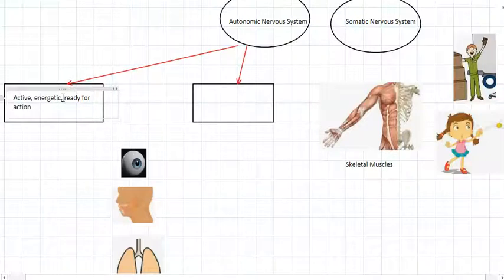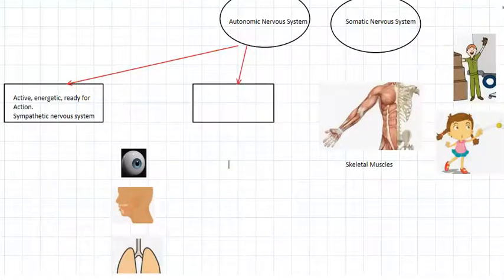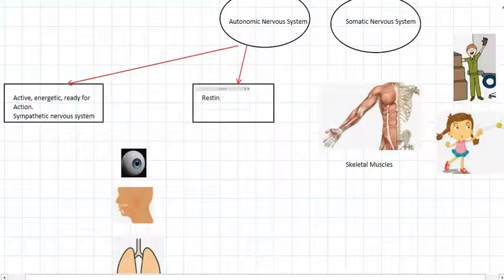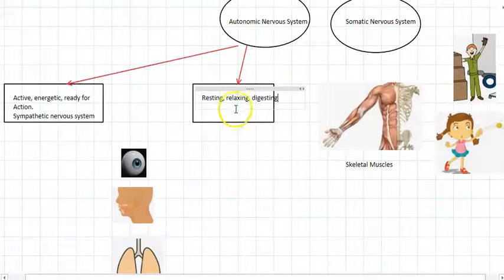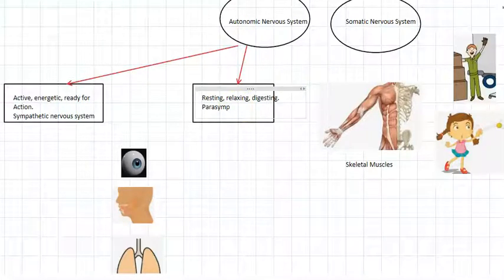All those kind of impulses, they're received by the sympathetic nervous system. And then on the other hand, a whole lot of processes involved in resting, relaxing, and also digesting our food, they're controlled by the parasympathetic nerves, which we call the parasympathetic nervous system.